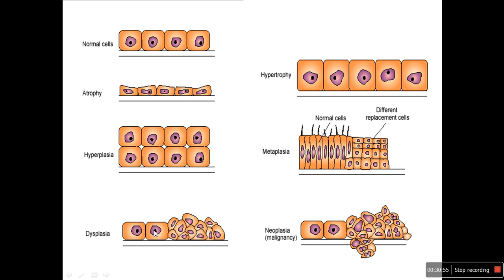Here's a normal cell and here's a damaged cell, so we have increase in atypical cells. And this is hypertrophy, increase in the size of the cells. In atrophy, as we discussed before, decrease in cell size.